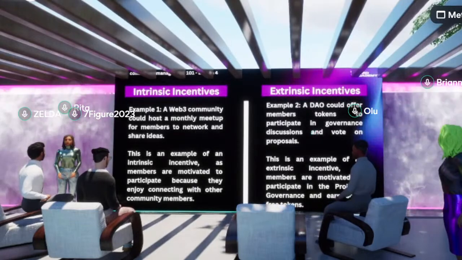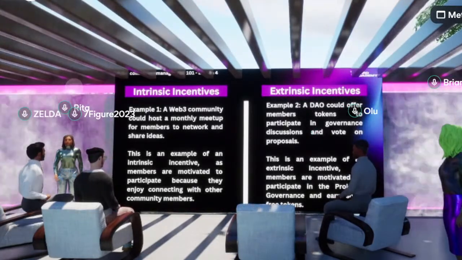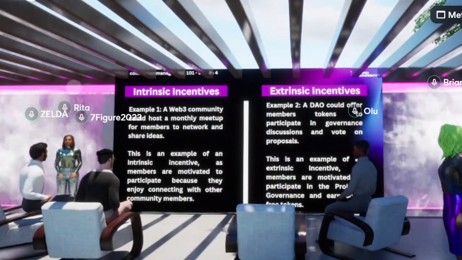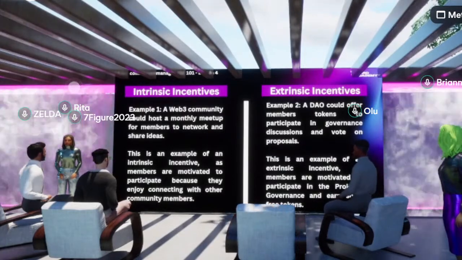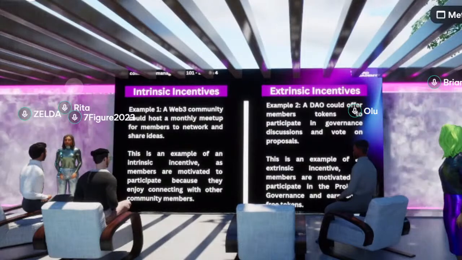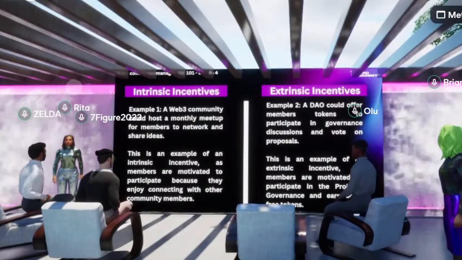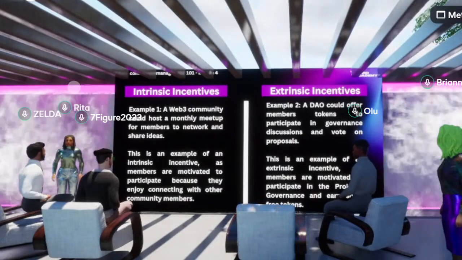So think about any DAO that you know, right? Let's talk about extrinsic. Think about any DAO that offers members tokens to participate in governance discussions and vote on proposals. This is actually an example of an extrinsic incentive. Remember, we mentioned the different types of extrinsic incentives: tokens, airdrops, special perks, early access, right?